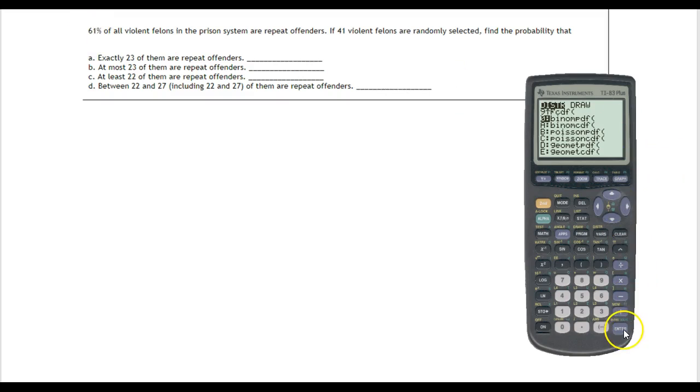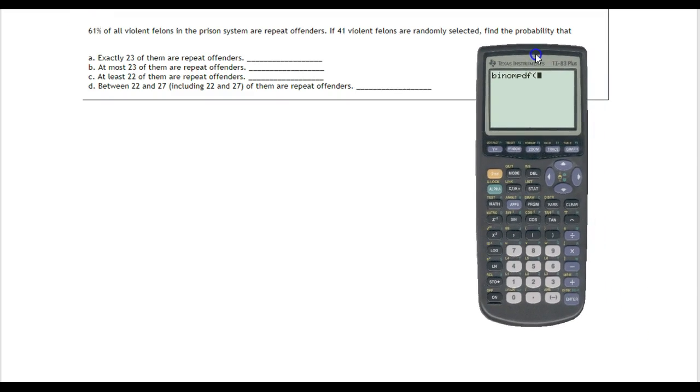So I'm going to hit enter for this calculator. There's going to be three things we're going to put in there: N, the probability, and then the X, or what we're trying to find, which is the random variable 23. What's the probability that exactly 23 are repeat offenders?